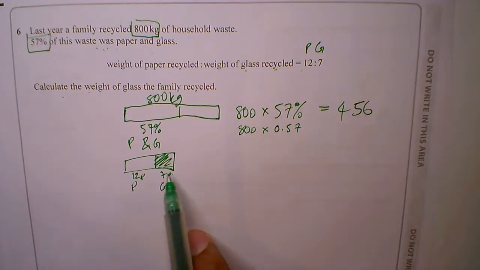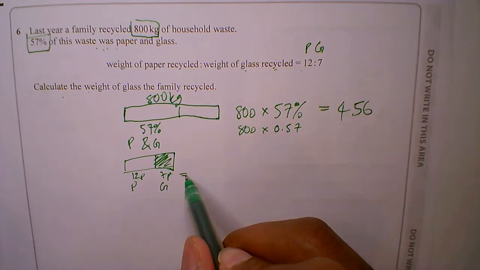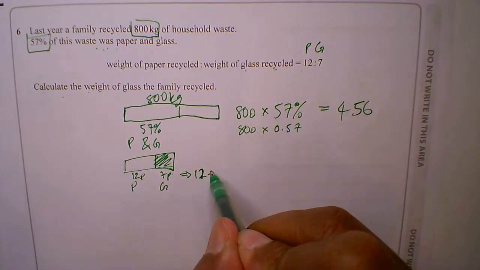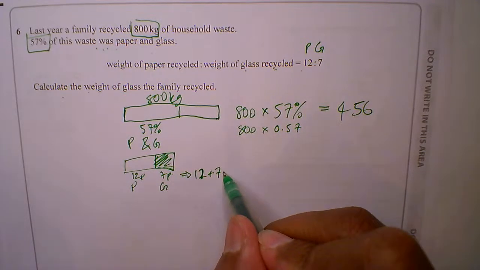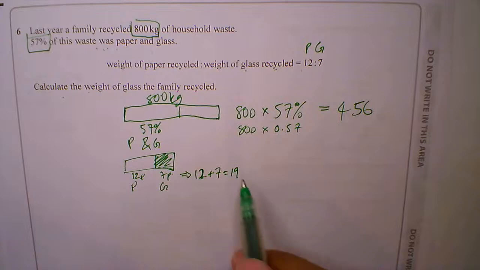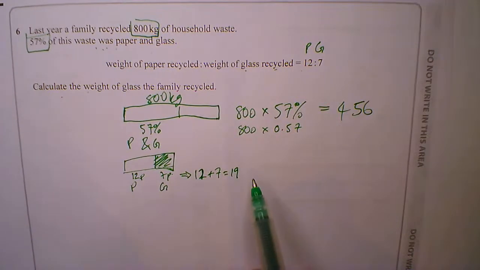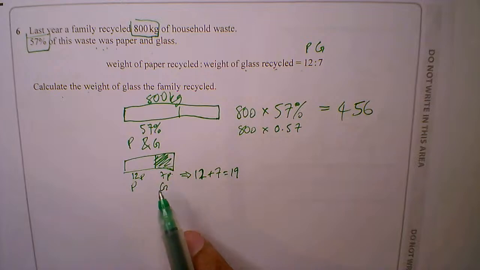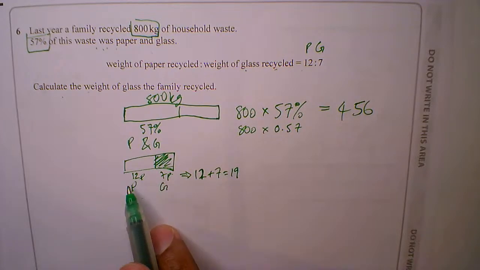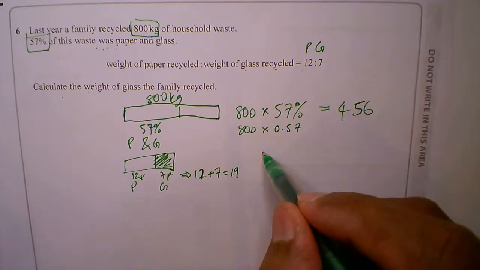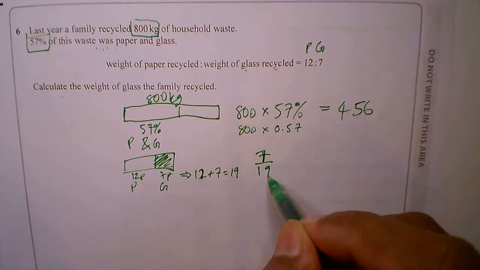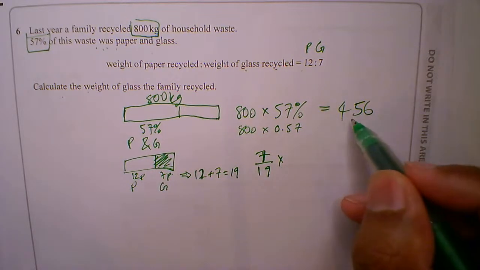Now there are how many parts altogether here? 12 plus 7 parts gives me 19. So what I can now do is use a fraction. I can say 7 out of 19, and I can multiply this by 456.